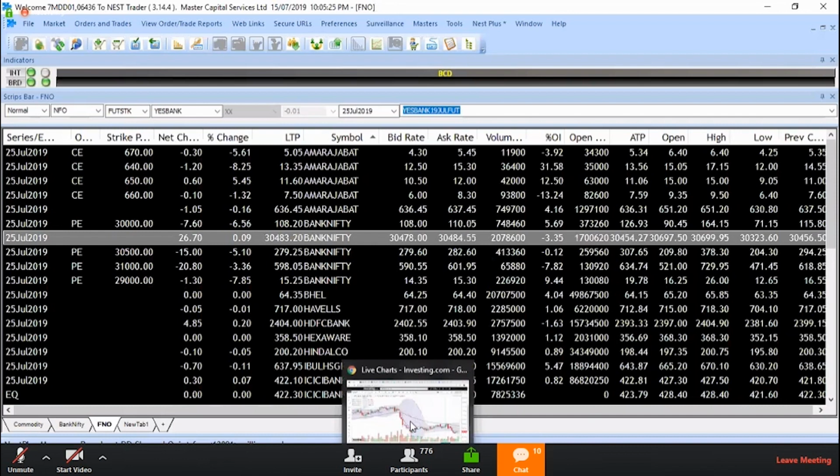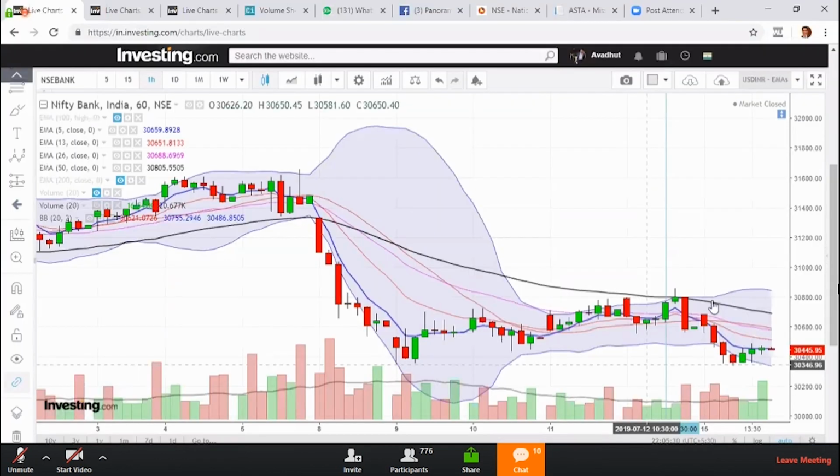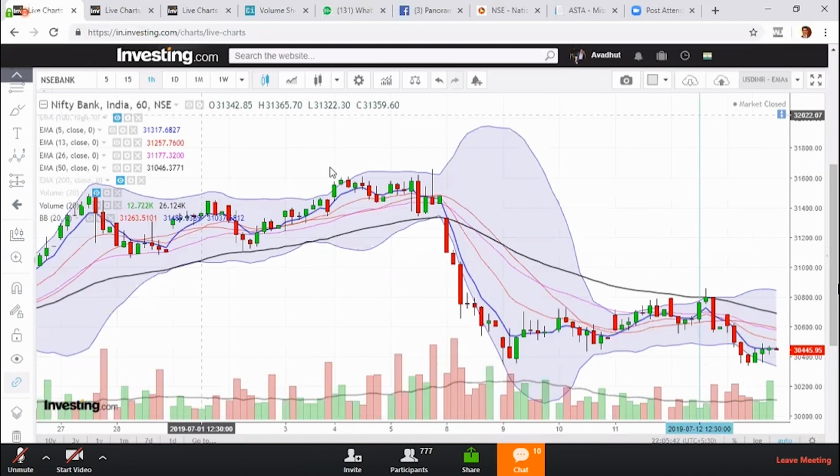When there was a dip here, I was expecting a fifth wave on the downside, probably touching this low or breaching that low, and then be prepared to book profits and wait and watch on the sidelines. I would really be bearish if this particular support breaches.